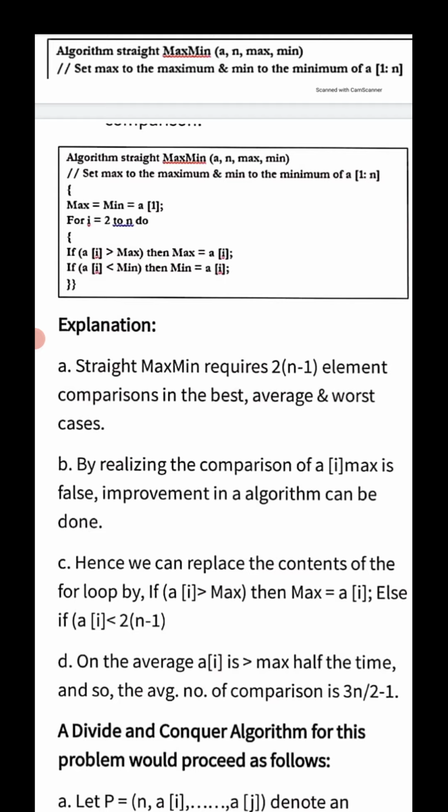Algorithm, let us take some name, StraightMaxMin, in which we declare variables: array a, n which is the size of the array, max, min. Max is a variable, min is also a variable.